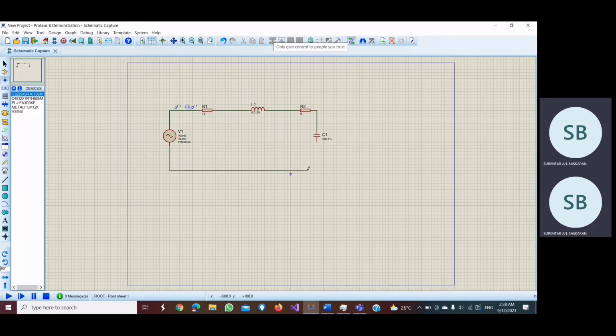Okay, connect it back again. Ground terminal. Okay, done.